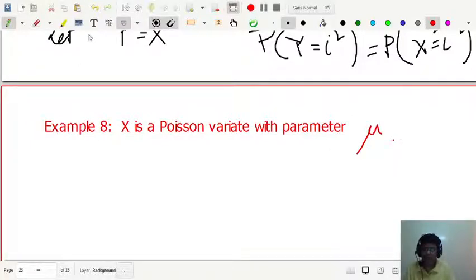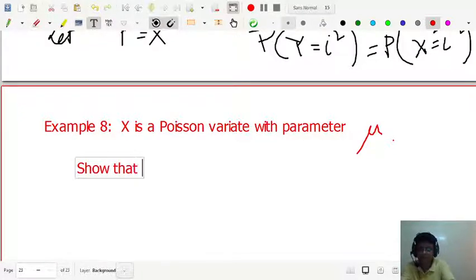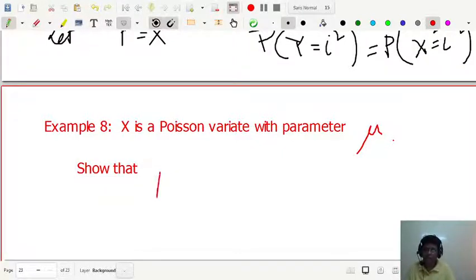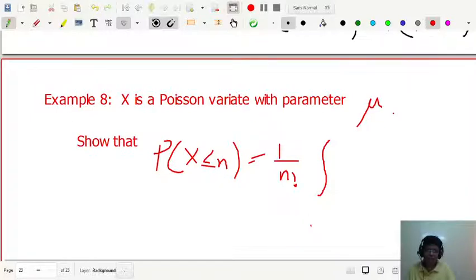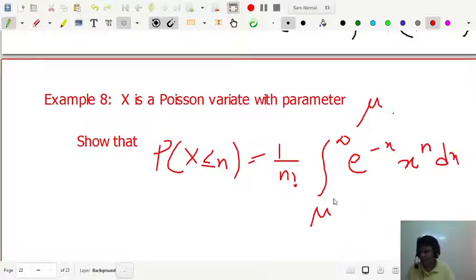Show that probability of X less than or equal to n equal to 1 by factorial n, integration from mu to infinity, this is an improper integration, e to the power minus x, x to the power n dx, where n is a positive integer.